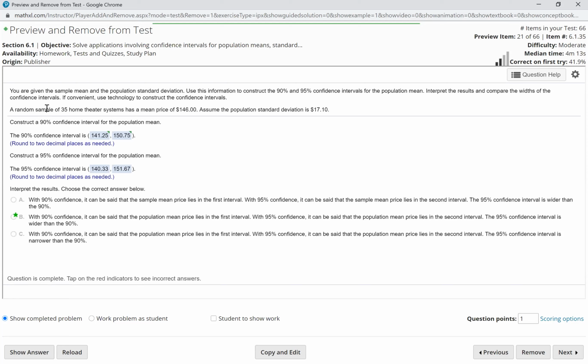he gives you a random sample of 35 home theater systems with a mean price of 146, and assume the population standard deviation is 17. Okay, what does this mean, guys? This is very important to know which test or which function to use. When doing intervals, if he gives you the population standard deviation, you must use the Z interval.